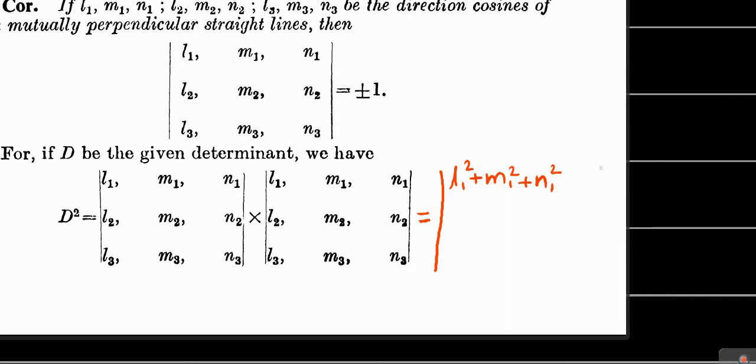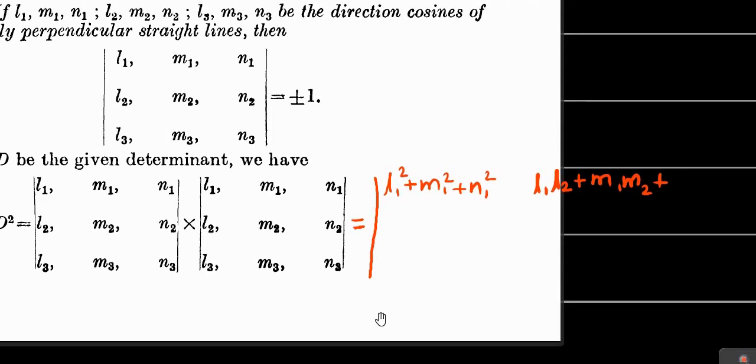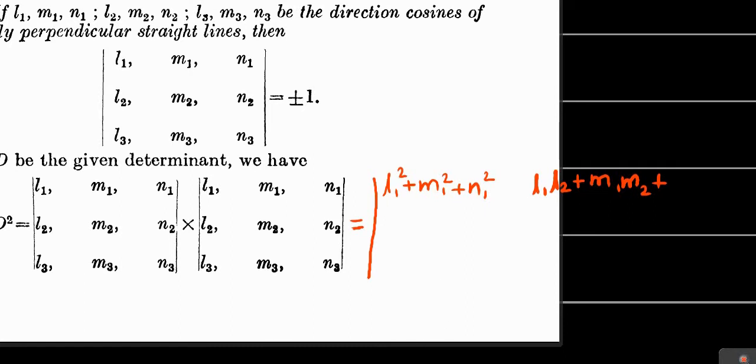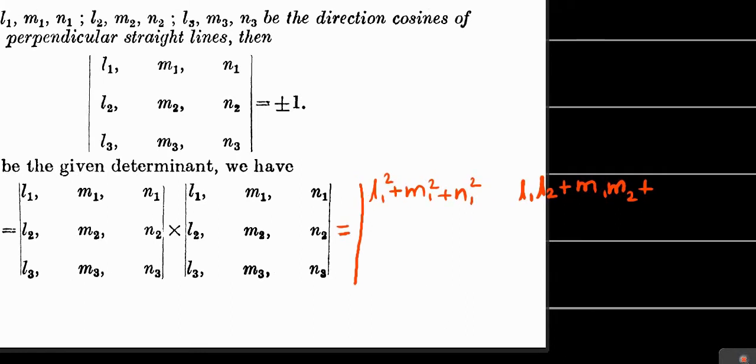So the next element is L1 L2 plus M1 M2 plus N1 N2.